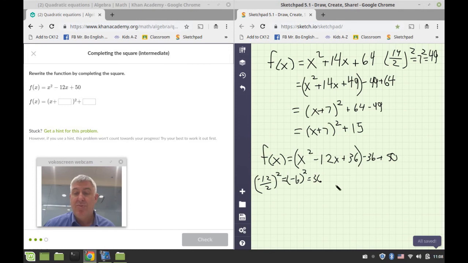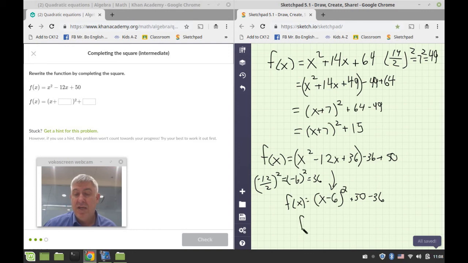And then we're going to put those together, and we'll end up with x, and our constant inside is here. Sorry, I don't know why I said coefficient. Plus 50 minus 36, and all this is equal to f of x.